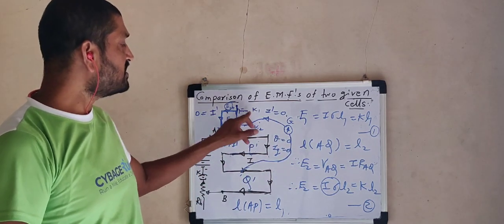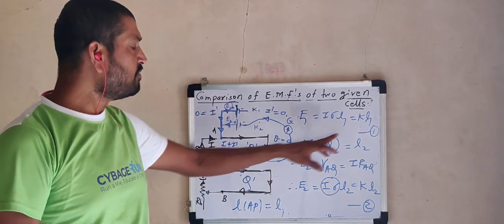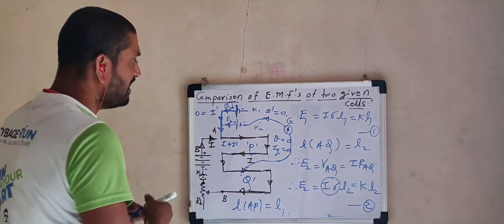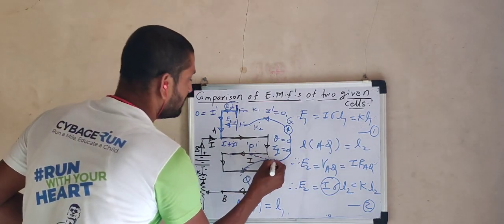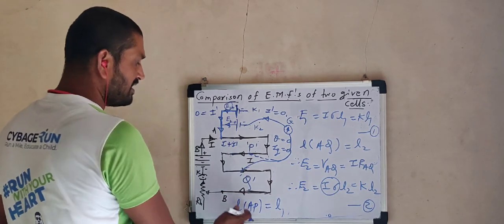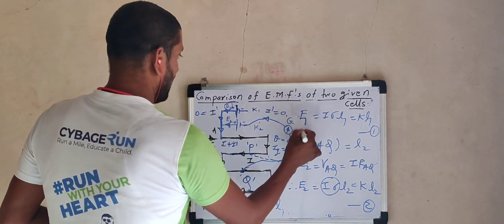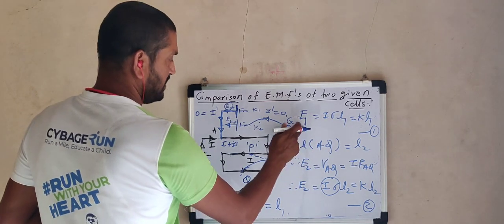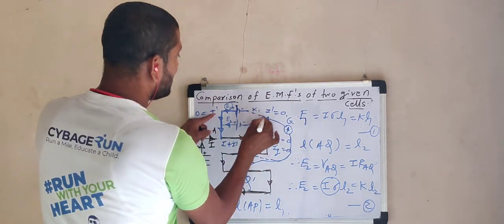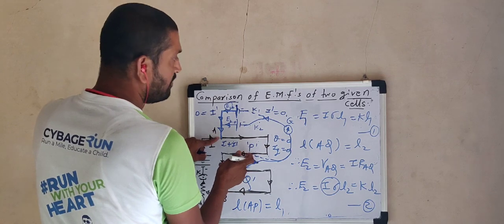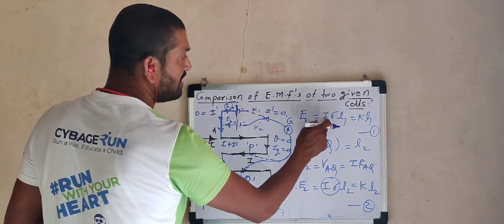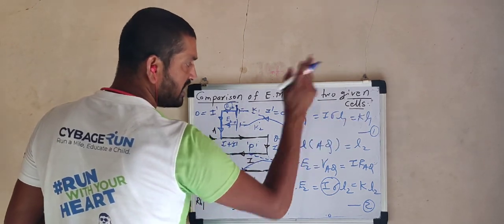In the first case we consider the first cell of EMF E1, obtain the balance point P, and measure the balancing length LAP equal to L1. Then according to the law of conservation of energy, the entire EMF of the first cell is balanced between points A and P. So E1 equals VAP, which equals I sigma L1 equals KL1.